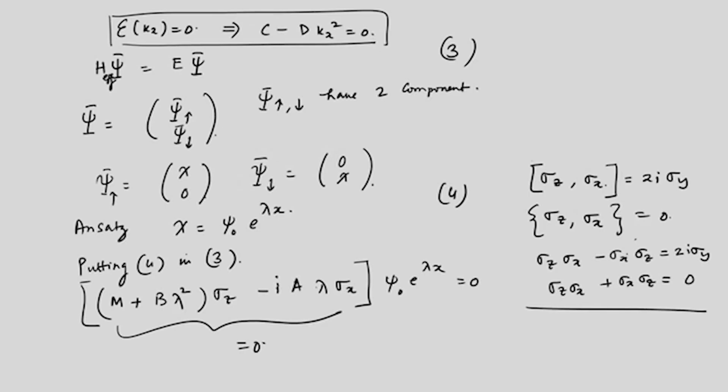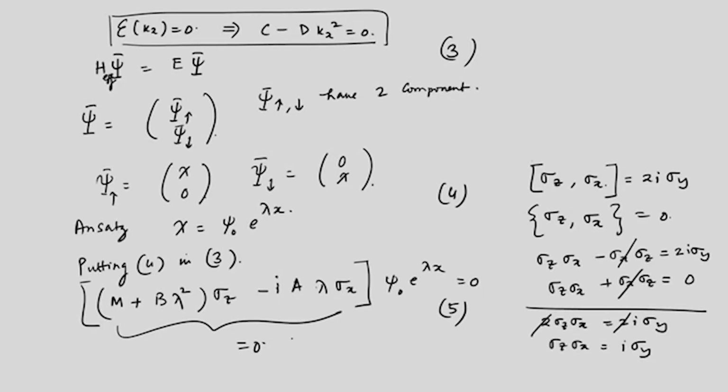So, if we add both of them, we have 2 sigma z sigma x equal to 2i sigma y. So, this 2 will cancel, and sigma z sigma x becomes i sigma y. That is why we multiply by sigma x, so that I get a sigma y, and sigma x squared is equal to 1.